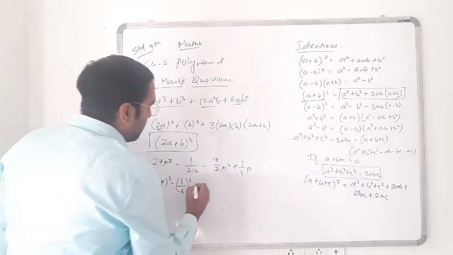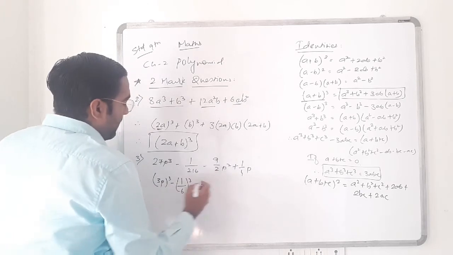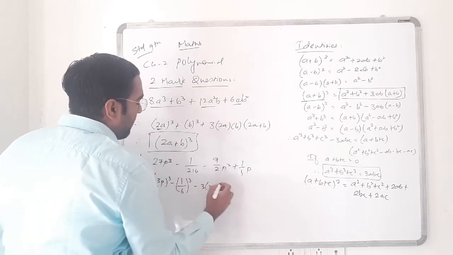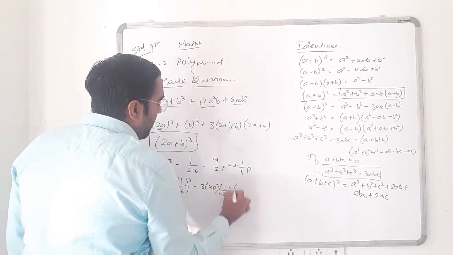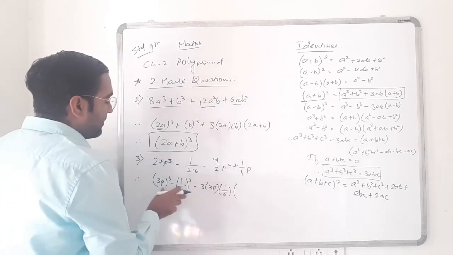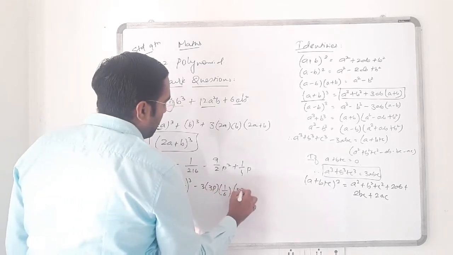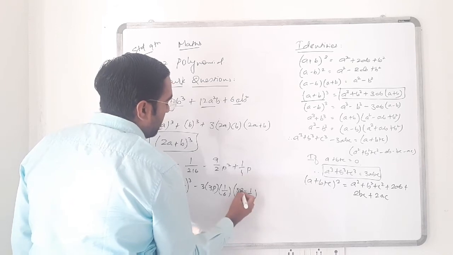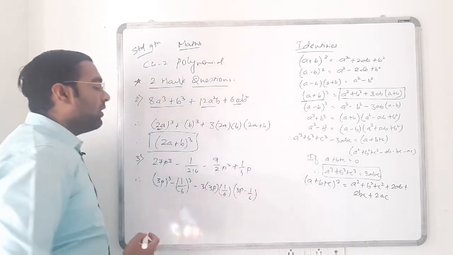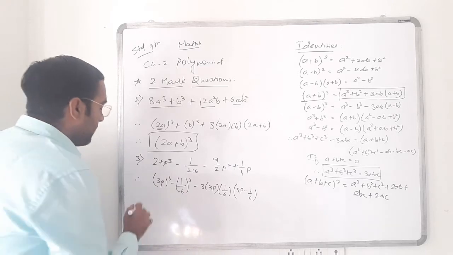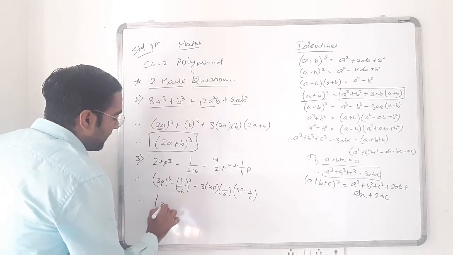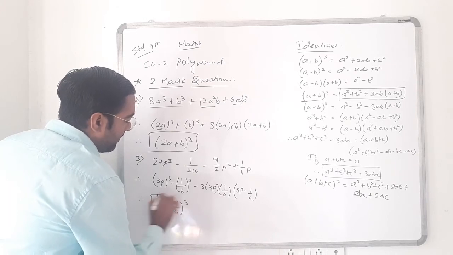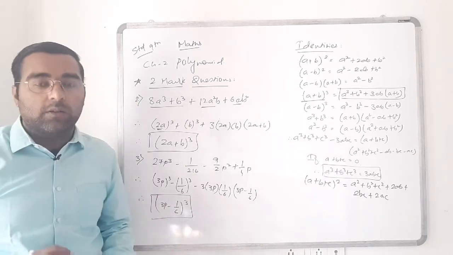So minus 3, a is 3p and b is 1 by 6, and in the bracket a minus b, that is 3p minus 1 by 6. Therefore my answer will be 3p minus 1 by 6 whole cube. Clear?